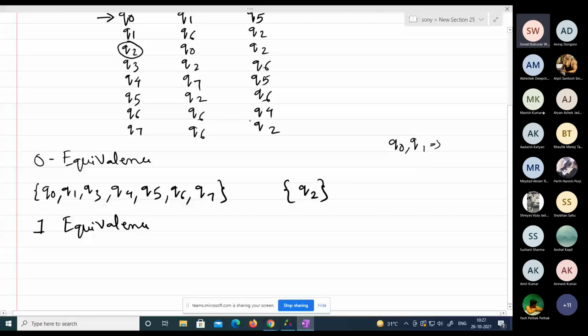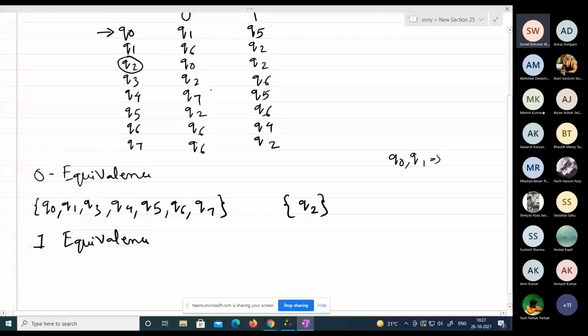Just have a look in this table, Q0 and Q1. Do we have any similar values for zeros and ones? No, all the values are different. Q0 gives Q1 for 0 and Q5 for 1. Similarly, Q1 gives Q6 for 0 and Q2 for 1. So both are different.